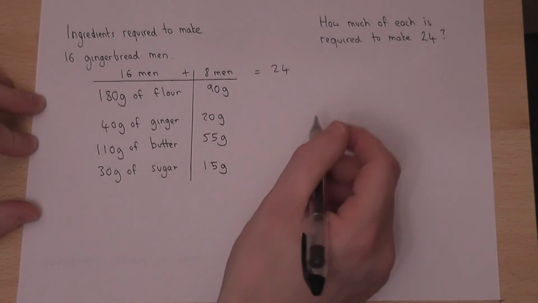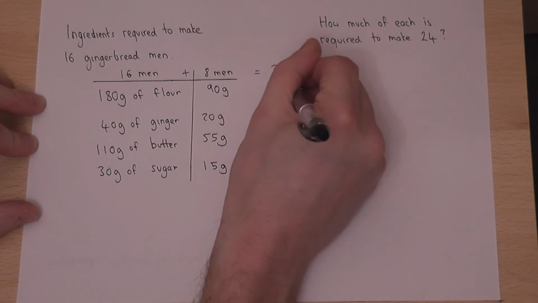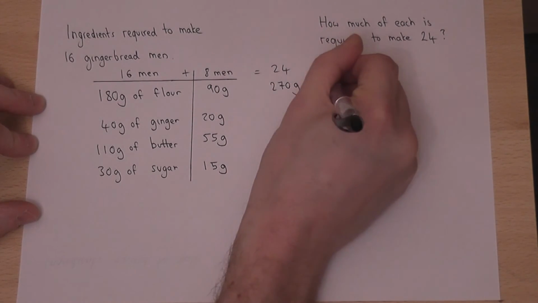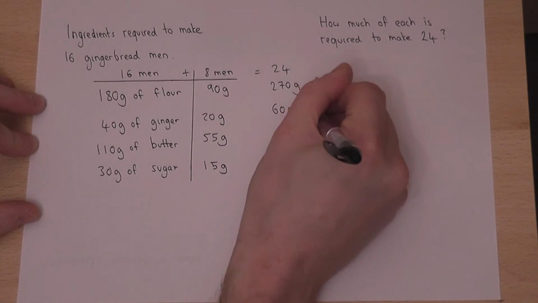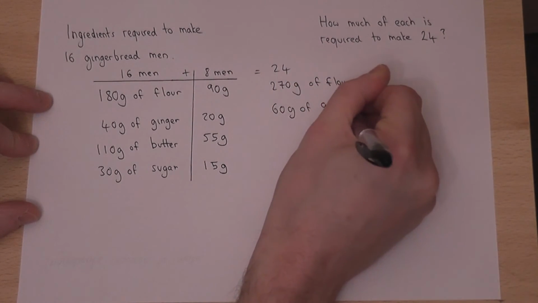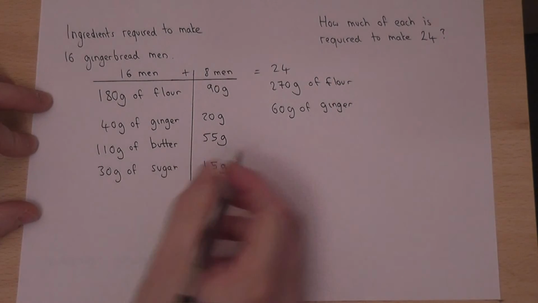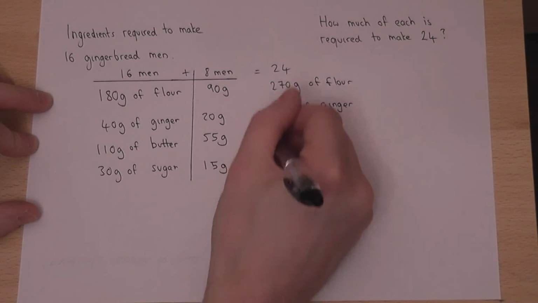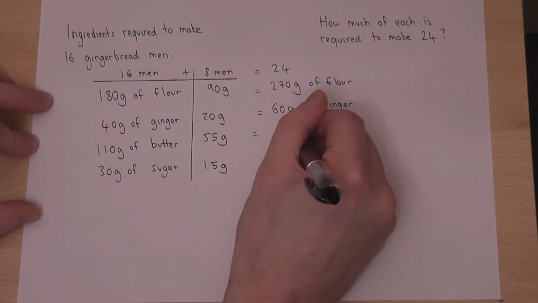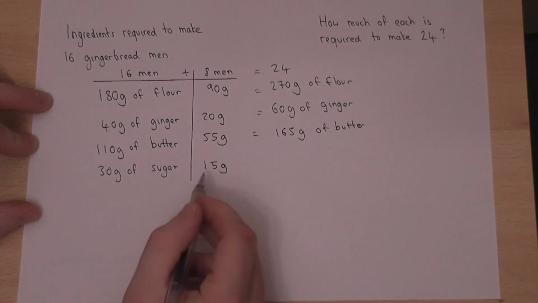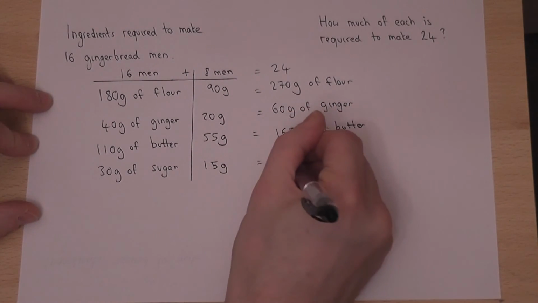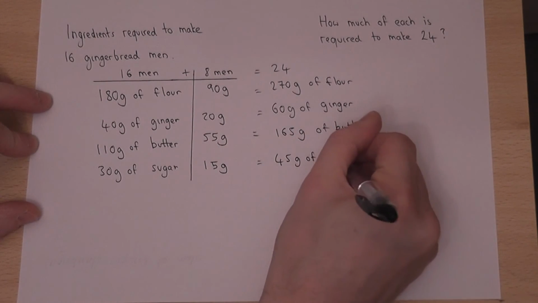So 180 plus 90 is 270 grams of flour, 40 plus 20 is 60 grams of ginger, 110 plus 55 is 165 grams of butter, and 30 plus 15 is 45 grams of sugar.